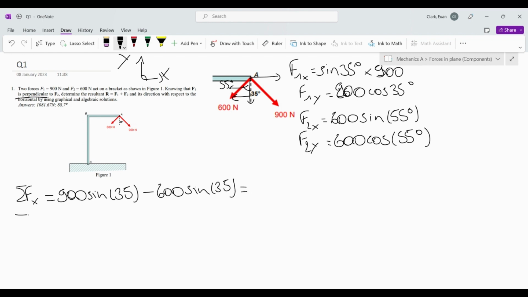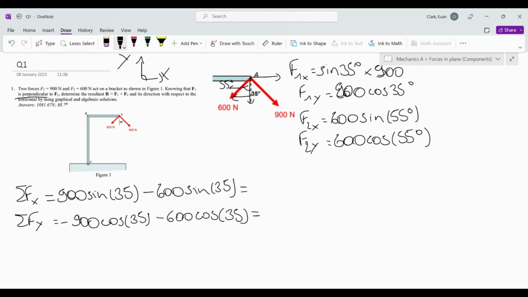And then the sum of the forces in the y direction, same kind of thinking, although both of these forces go down, so I'll put minus. That would be minus 900 cosine 35 minus 600 cosine 35.